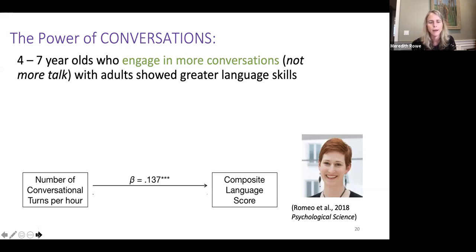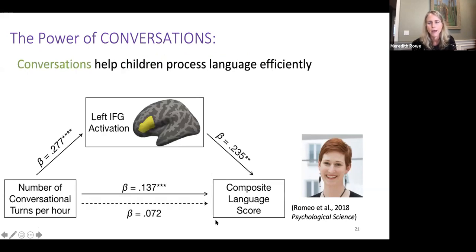And she also found that relationship was mediated by the children's language processing on an fMRI task. So the assumption here that needs to be tested further is that children that have opportunities to engage in more back and forth conversations are building their processing skills quicker than children that don't have those opportunities, and that's what's driving the increase in their language comprehension and production on the composite.